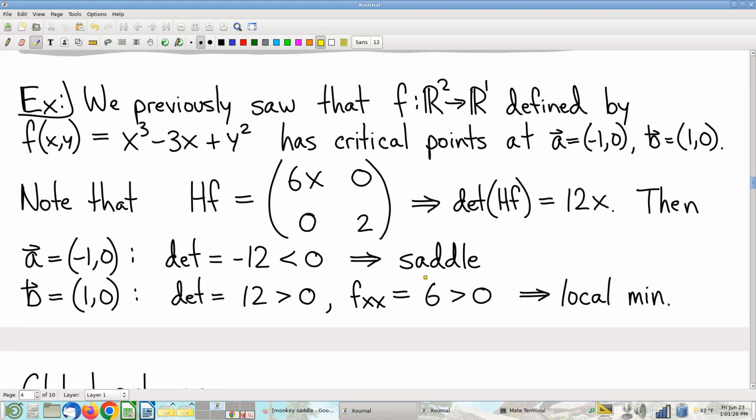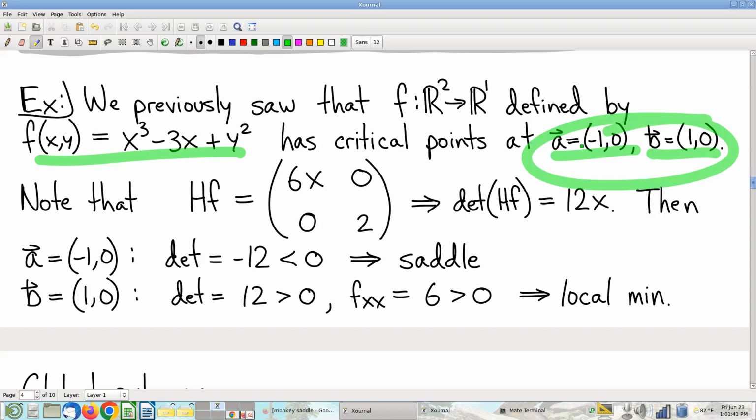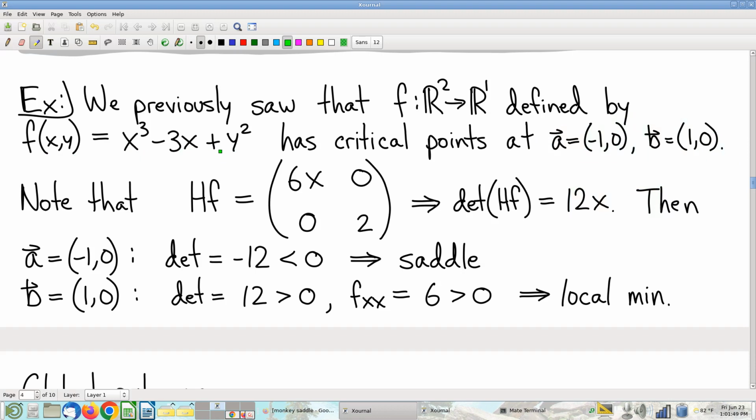Here is an example. We previously discussed this function, and we found these two critical points. Now let's figure out what they are. Just knowing that they're critical points, all we've decided so far on these 2 points is that I haven't got the slightest idea what's going on there. So, okay, here we go. Hessian determinant is this.